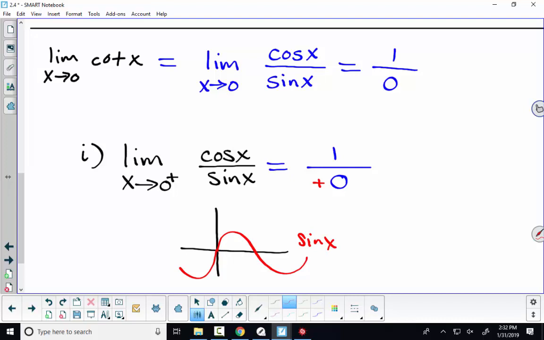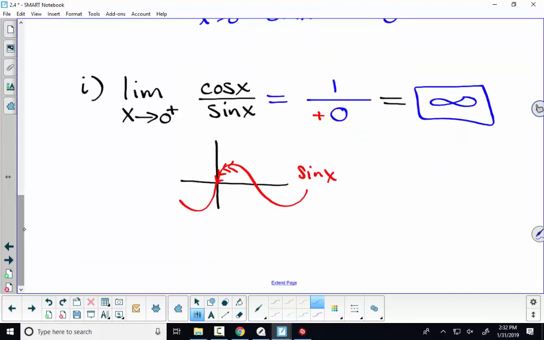As we approach 0 from the right along this graph, we're approaching 0 through positive values. So that tells us that the limit as x approaches 0 from the right on cotangent is positive infinity. And the limit as we approach 0 from the left would be what? Negative infinity, right? Through the exact same process, approaching 0 from the left this time, we're approaching through negative numbers.